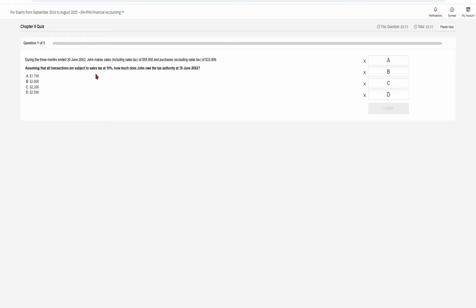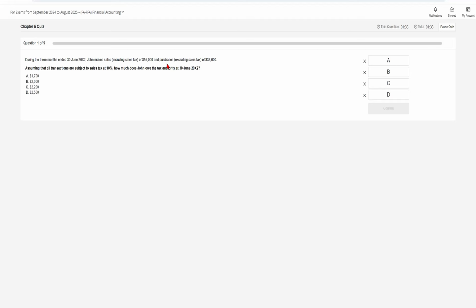The question is the same thing: John is making sales as well as purchases. The sales tax charged on sales needs to be paid to the tax authority, and the sales tax charged on purchases can be recovered from the tax authority.